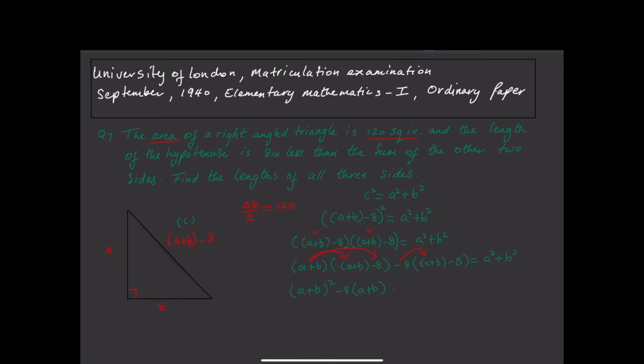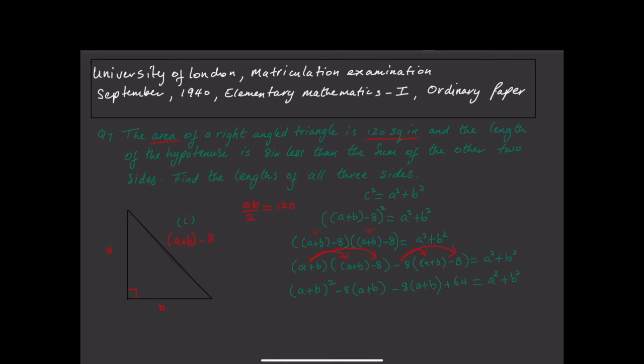So I get minus 8 bracket A plus B close bracket. I then multiply minus 8 or negative 8 by negative 8, which will give me positive 64, and that is equal to A squared plus B squared.